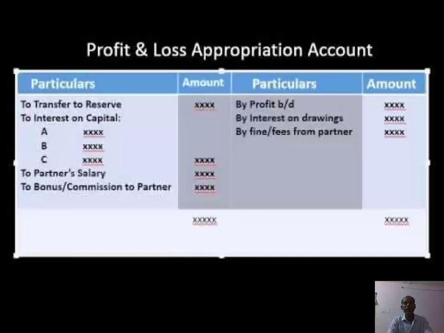So interest should be calculated for partners A, B, C on the capitals which are brought by the partners. This is expenditure to the firm, and partner's salary also is an expenditure to the firm. Bonus and commission to the partners are also expenditure to the firm. Okay, this is the profit and loss appropriation account.